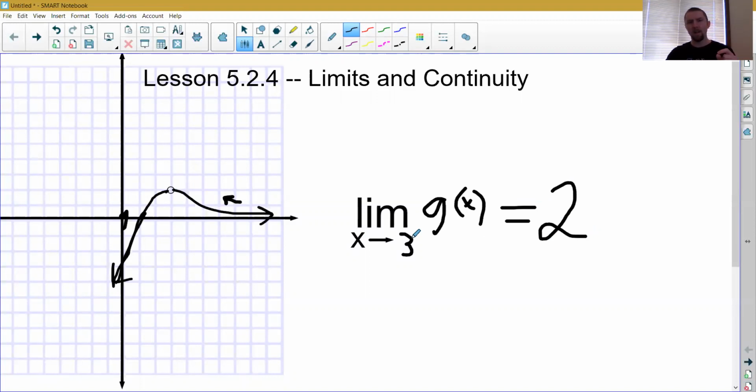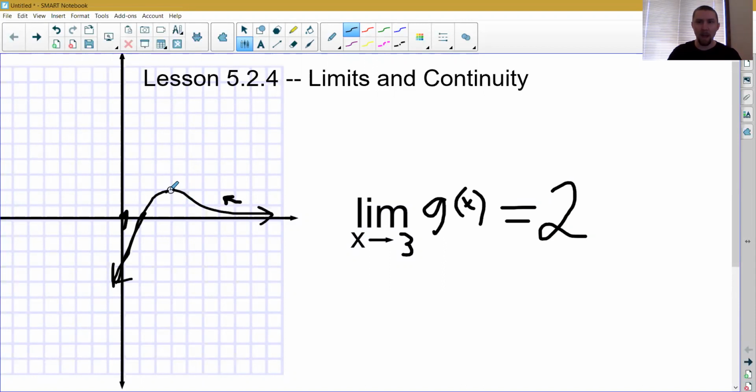Now, it's funny because that point, x equals 3, y equals 2, is supposed to be in this graph, but it's not. This function g of x is not defined at x equals 3. There's a hole, so it's what we call a point of discontinuity, back from algebra 2, if you remember those. So the function's value at that point doesn't even exist.